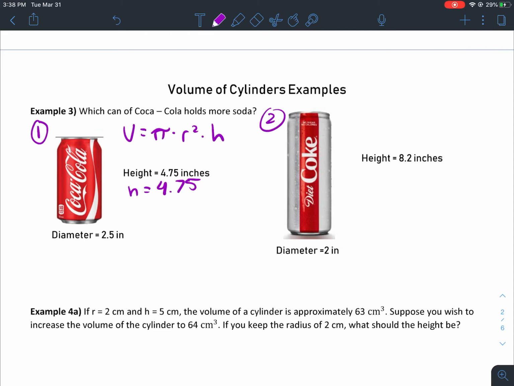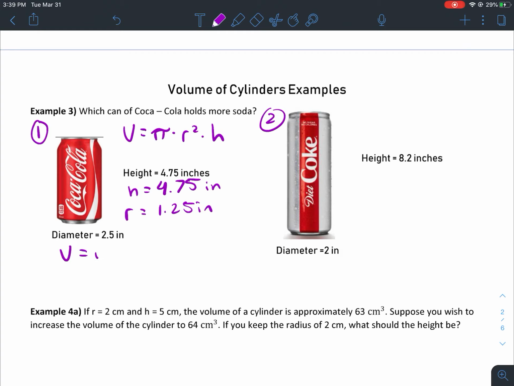Now, they don't give us our radius, but they do give us our diameter. And we know that the radius is always equal to half the diameter. So in this case, our radius is going to be equal to 1.25 inches. At this point, we can go ahead and plug this into our formula.